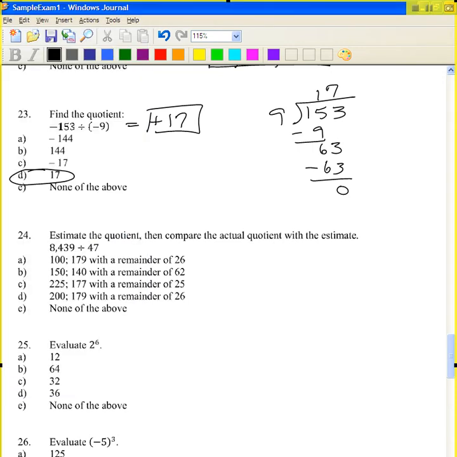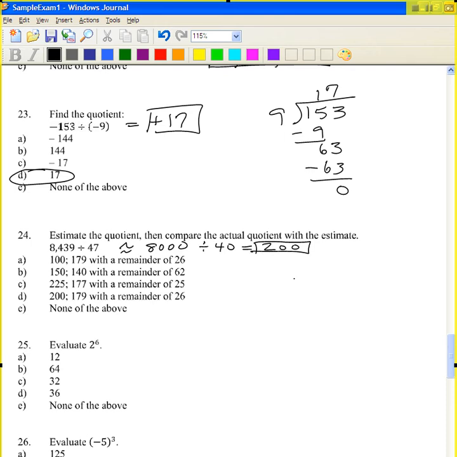And so this is approximately, let's say, 8,000. So 8,439 is about 8,000. And, well, 47 is around 40. And so drop the zeros. 800 divided by 4, well, that's 200. So my estimate is it's somewhere around 200.